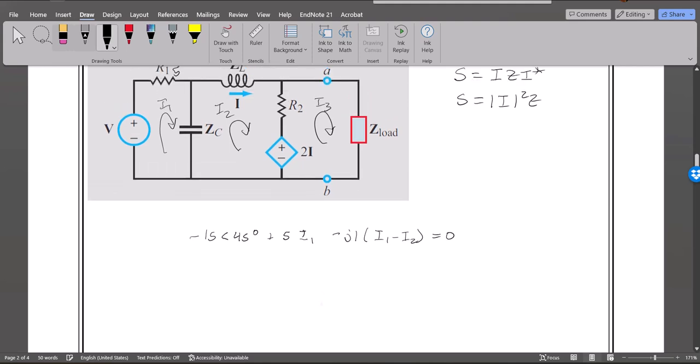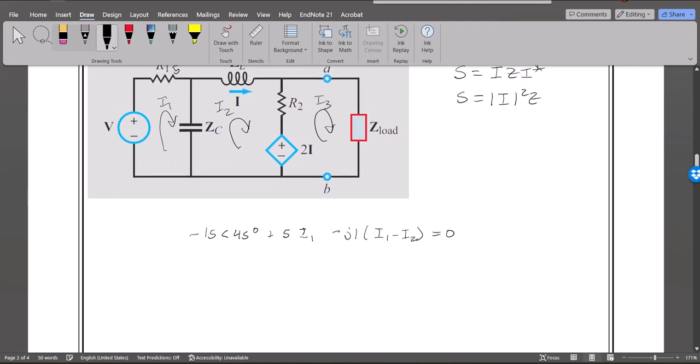Okay, and then my second mesh, I will have minus J1 times I2 minus I1.